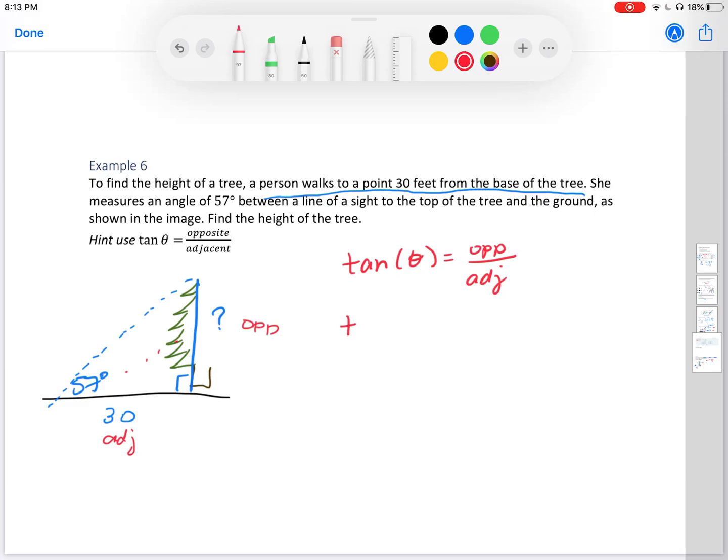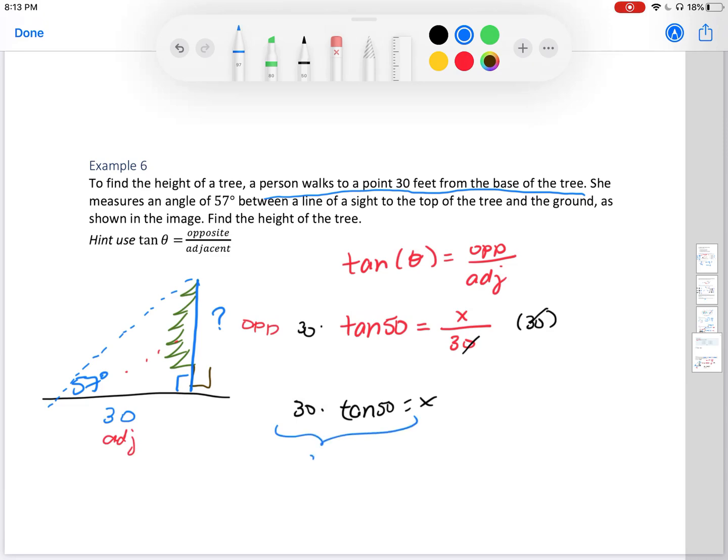So tangent of 50 degrees is equal to our opposite side, which is our unknown, divided by our adjacent side, which is 30. Now we wish to solve for x. Let's multiply both sides by 30. So we're left with 30 times tangent of 50 equals x.